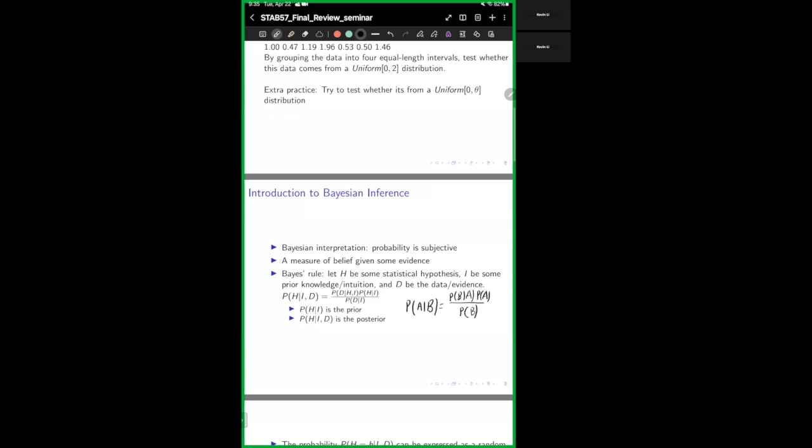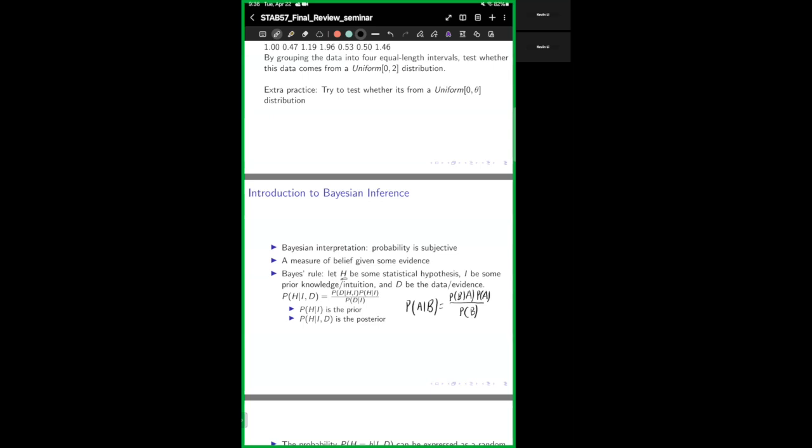We are able to translate this in terms of samples by letting H be some statistical hypothesis, such as maybe a null hypothesis as well as an alternative hypothesis. We let I be some sort of prior knowledge or intuition or some prior evidence perhaps, and we let D be the data that we obtain from repeatedly sampling a distribution.